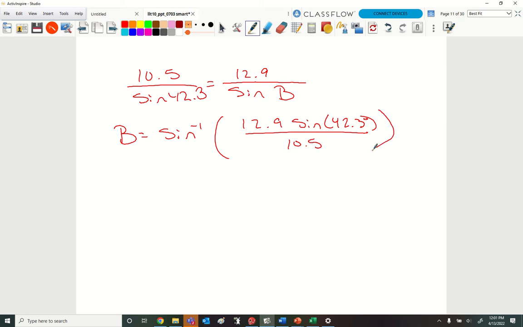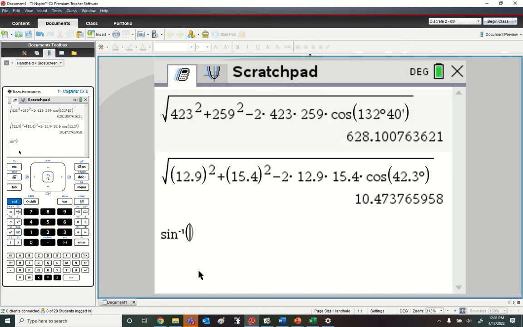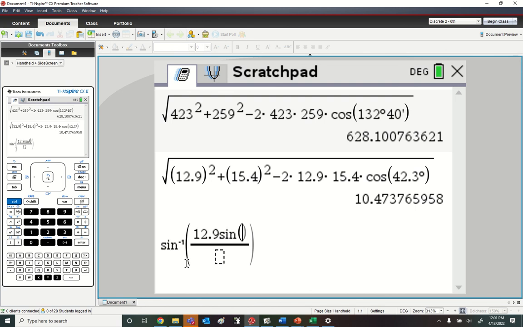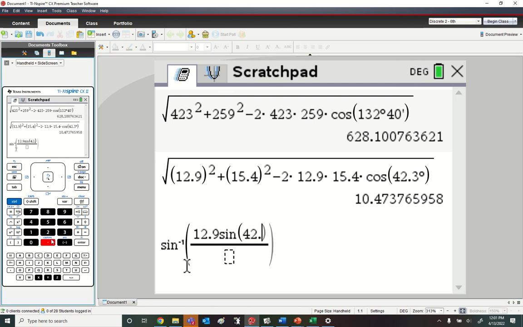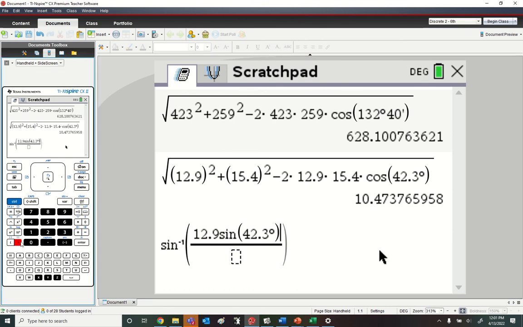And I'm going to put this in my handy dandy calculator. So it was 12.9 sine of 42.3 over 10.5.